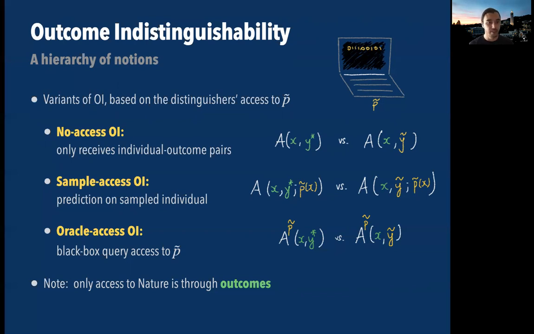Then in the next level, sample access OI, they also get to see the prediction. And this is the version that I presented on the earlier slide and the main focus of this talk.